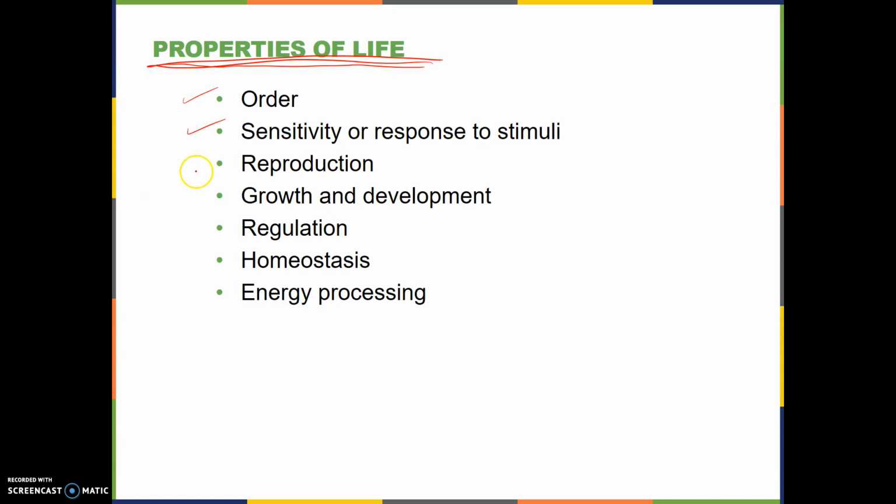But there are different examples of responses to stimuli. And then living things are always capable, the species is capable of reproducing, producing offspring. Growth, getting bigger, and development are basically life stages.